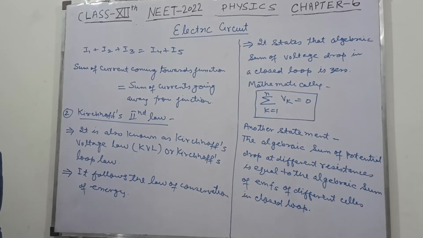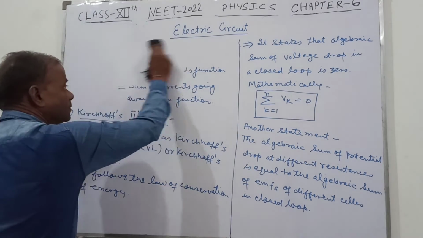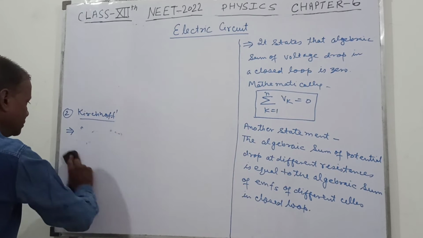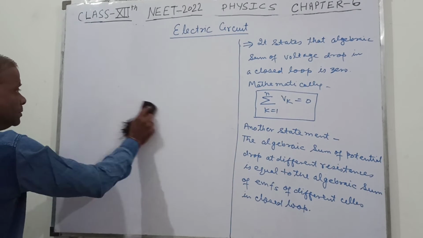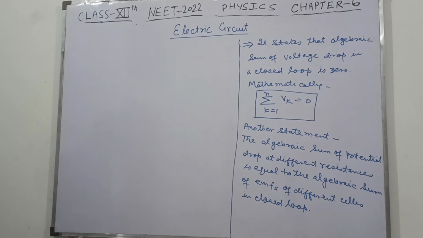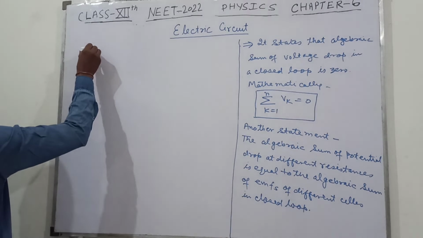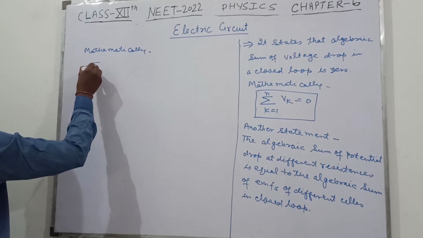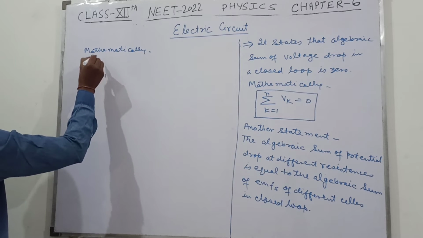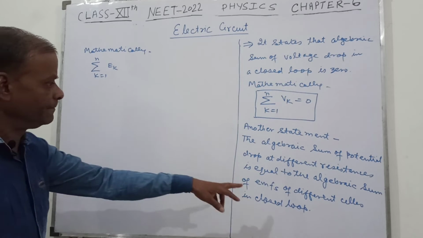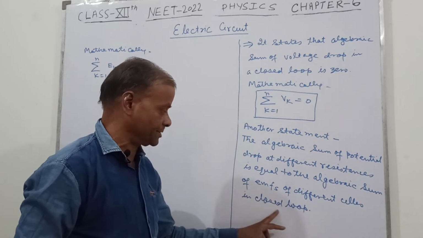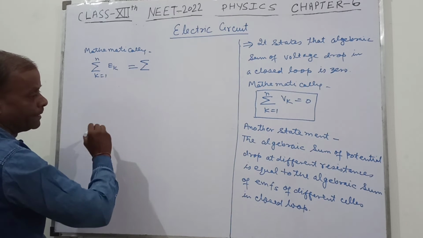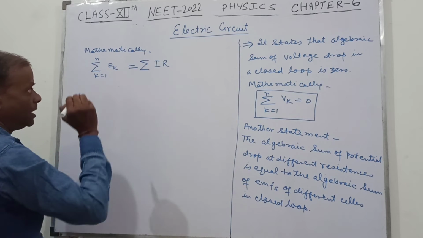So how to write this mathematically: summation k equal to 1 to n of Ek, the algebraic sum of the EMFs of different cells in the closed loop, is equal to the algebraic sum of potential drops at different resistances, IR.